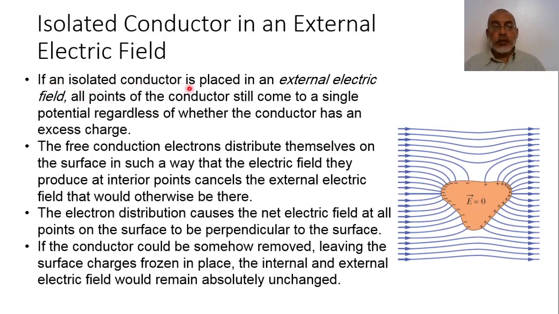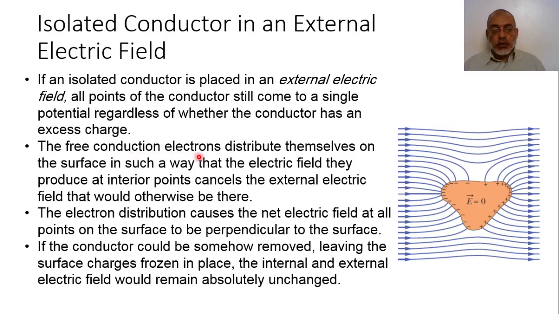If an isolated conductor is placed in an external electric field, all points of the conductor still come to a single potential, regardless of whether the conductor has excess charge or not. Assume that I already have excess charge; this electric field will introduce other charges, negative and positive, such that the total charge will be the actual amount of the excess charge.